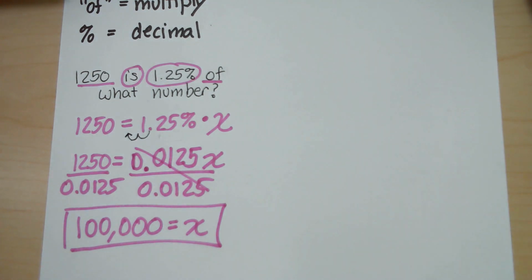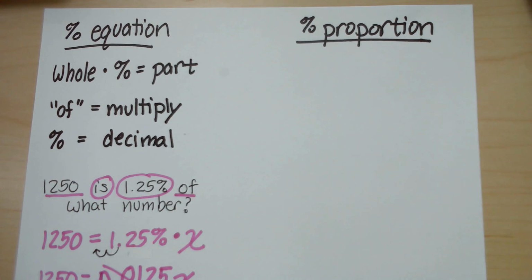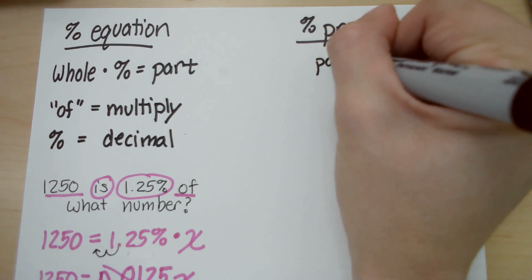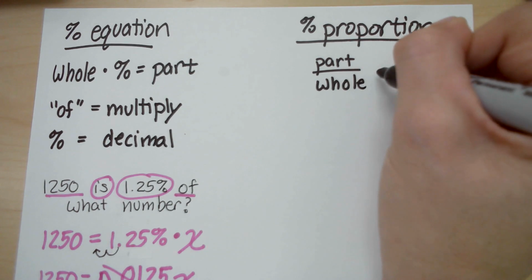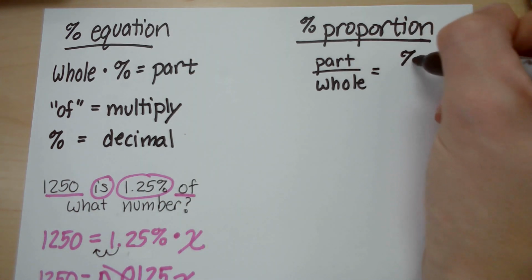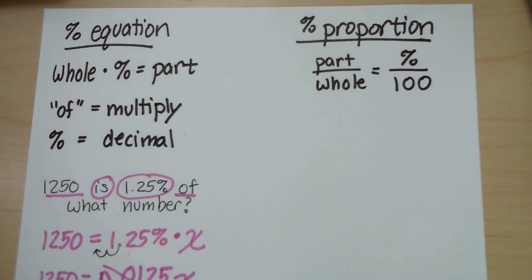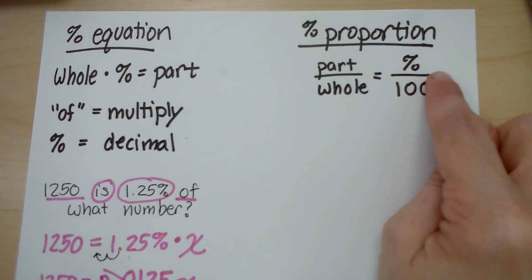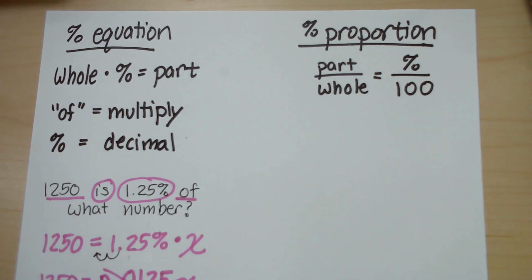Now, let's say they asked us to solve a similar problem, but we want a percent proportion. The things to know about our percent proportion is that we set it up as part over whole equals percent over 100. Now, this side is always the same. The percent number might change, but 100 will always be the denominator.